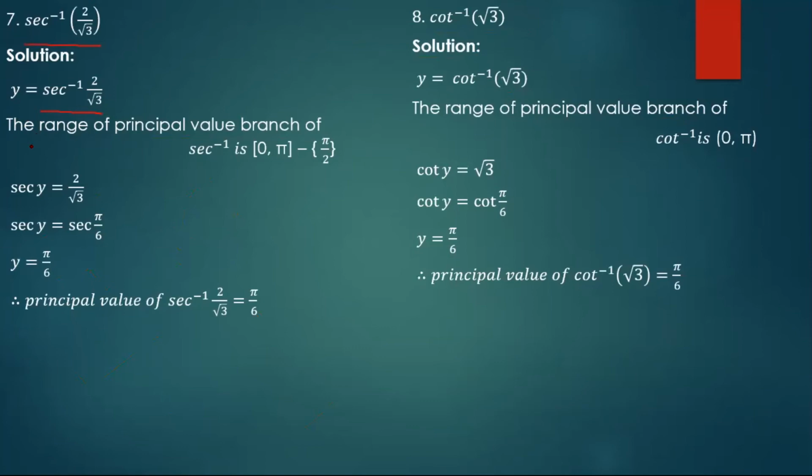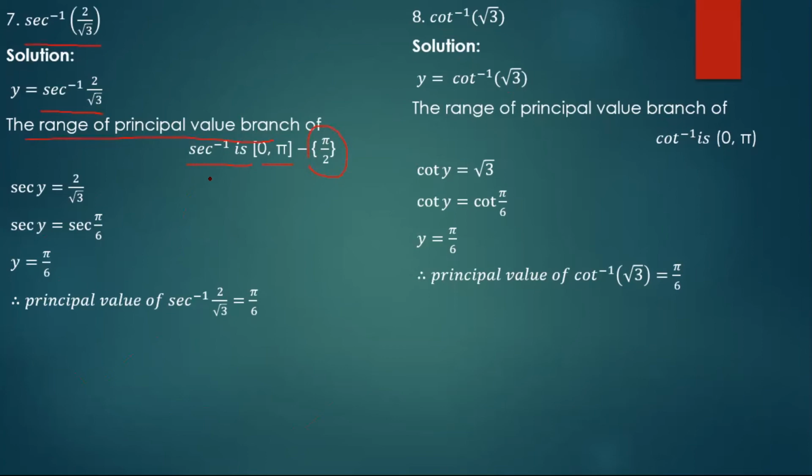We'll proceed with sec inverse 2 by root 3. The range of principal value branch of sec inverse is 0 to pi minus pi by 2. The reason is sec pi by 2 is infinity, so it is excluded from this range. That's all. Is it clear?